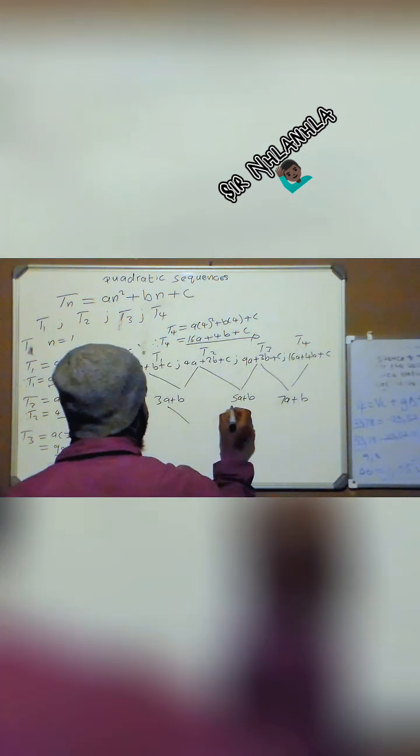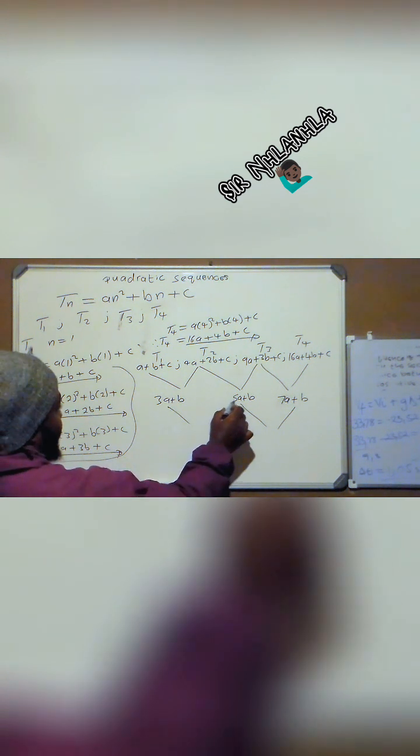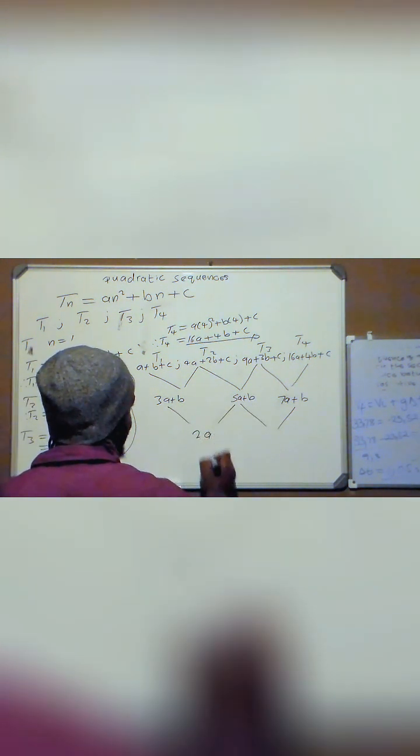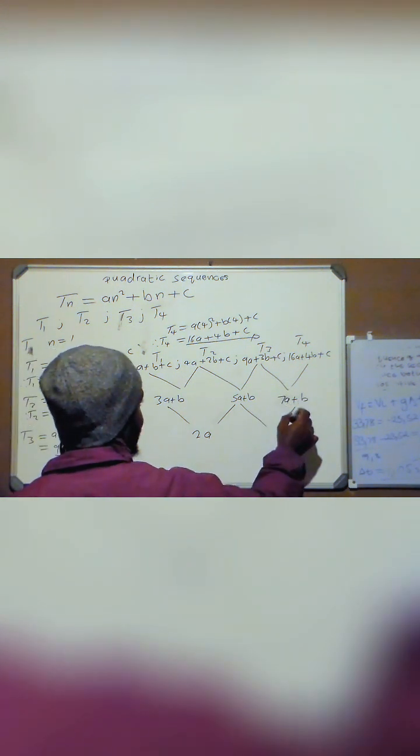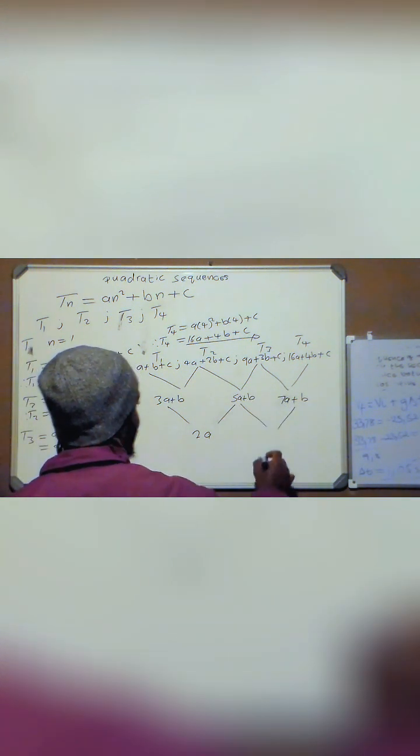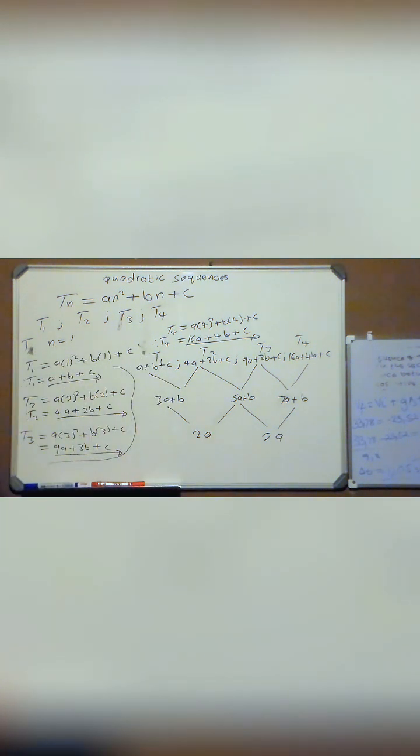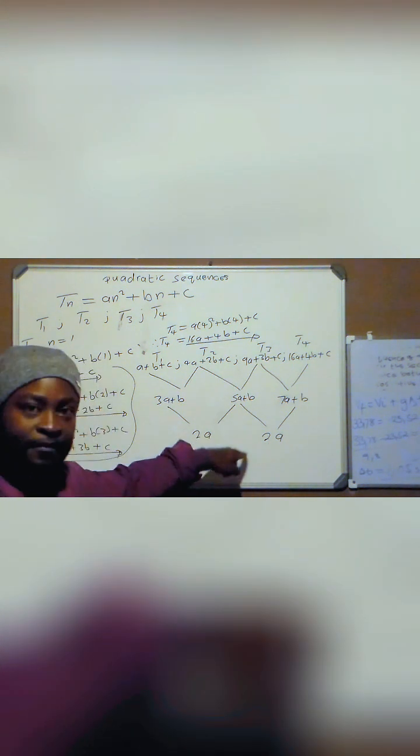And then we go and find the second difference of the sequence. So this would be 5a plus b minus (3a plus b). This would give us 2a. 7a plus b minus (5a plus b). This will give us what? 2a. As expected, we found that the second difference is a constant value.